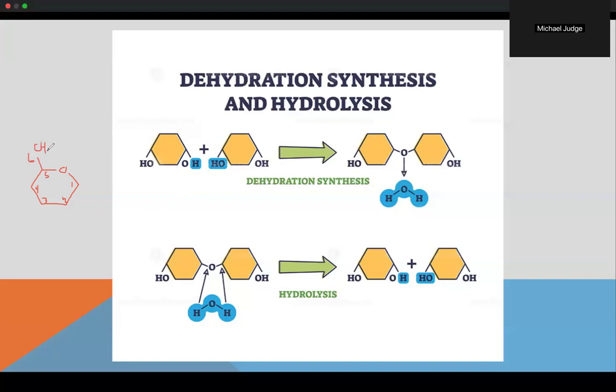C6H12O6 is glucose. So I put a CH2OH coming off of the fifth carbon. And then I go down, down, up, down if it's going to be alpha. But in this case, if it's the beta form, I'm going up, down, up, down.